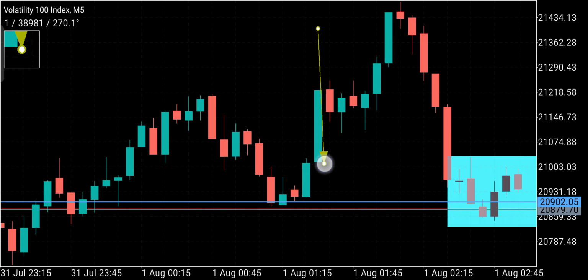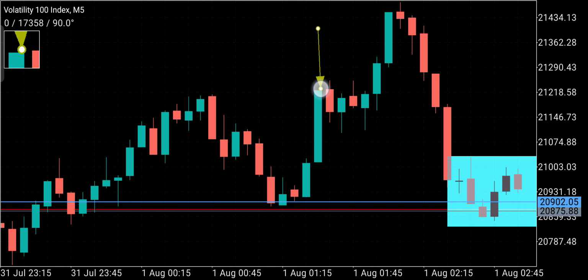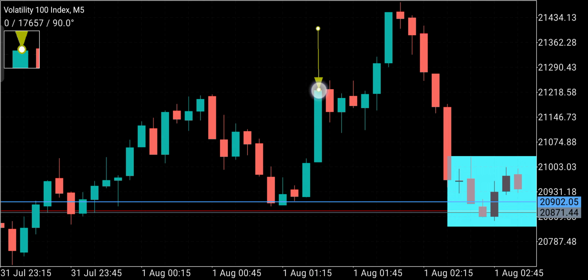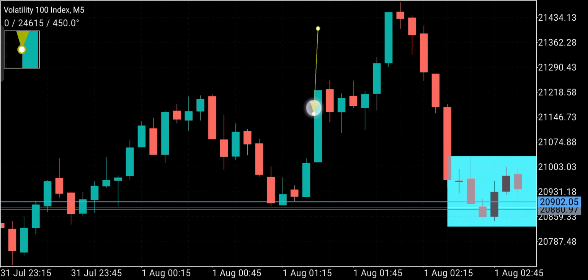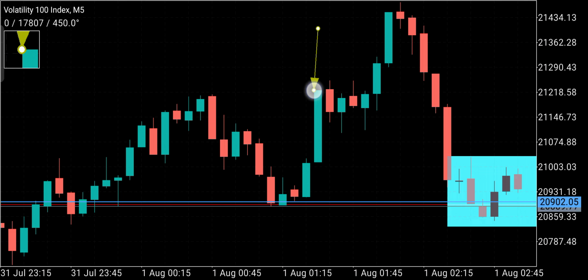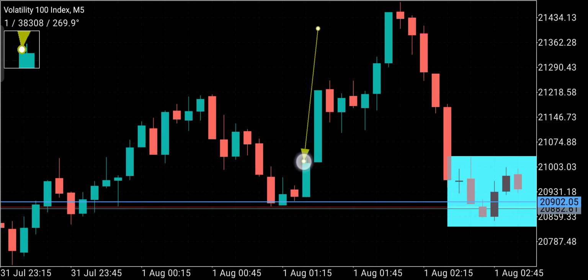When you come in on this candle, you hold till the close of that candle, and whatever you get, you make that your profit for the day. Because for you to drive from this level to this level, you could make up to 20, 25, or even $30, even with the lowest lot size while trading the Volatility 100 Index.